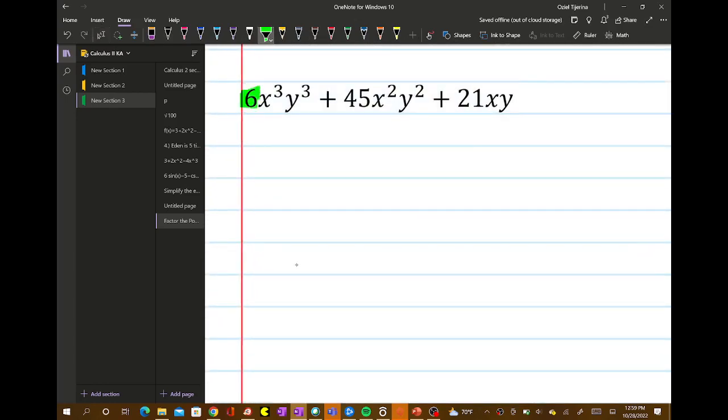Looking at these three numbers, we have a 6, a 45, and a 21. What we can do is divide all of these by 3.